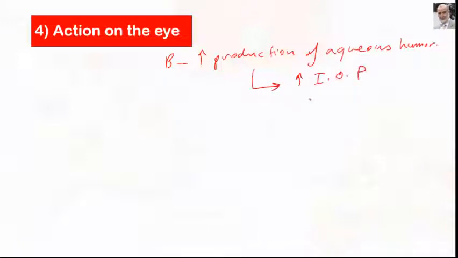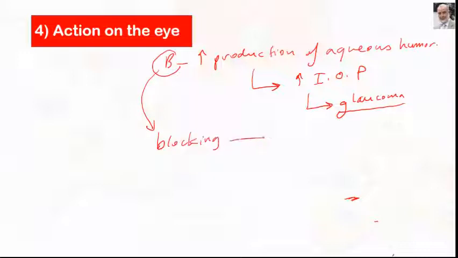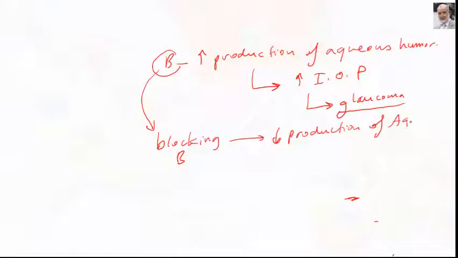This is dangerous, as we have said before, in cases of glaucoma. Now, by blocking beta receptors, we will decrease production of aqueous humor, and therefore will decrease intraocular pressure. That's why beta blockers are first line in treatment of glaucoma.